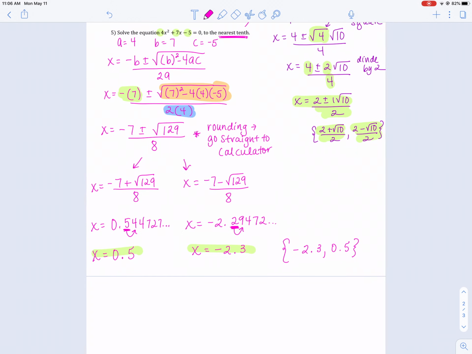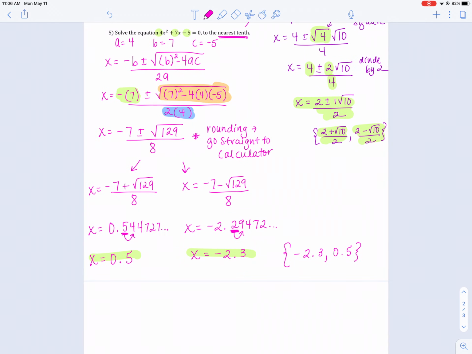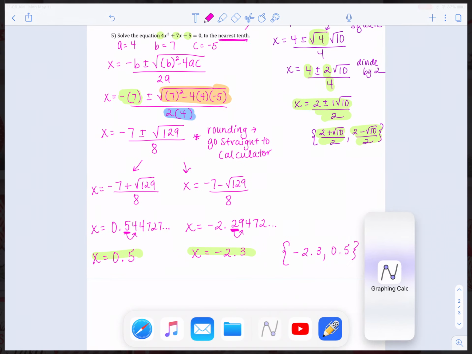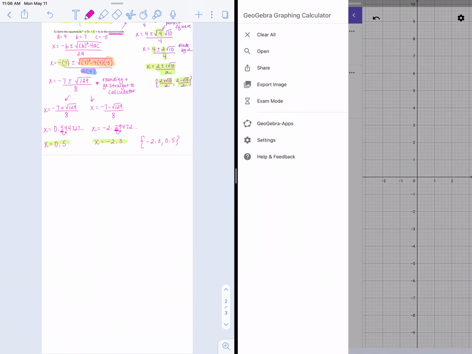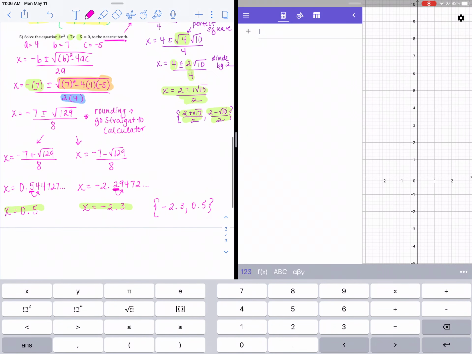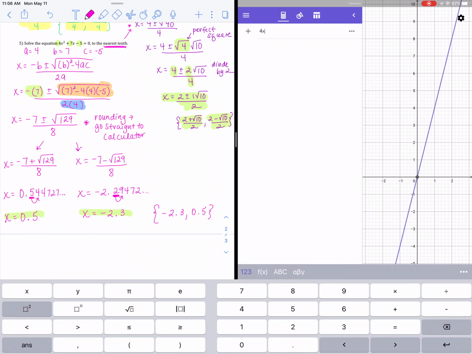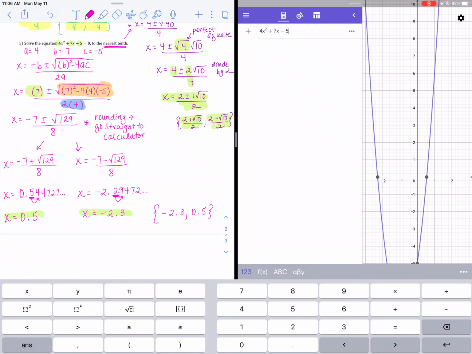Now let me say something else to you. How can I check to make sure? Like just showing a little double check. If I went into my calculator and typed this original equation, 4x squared plus 7x minus 5, don't even put in the equals 0. If it's equal to 0, you don't even have to do that. Okay, so there's your equation, and I want to know where my solutions are, my roots, my zeros.